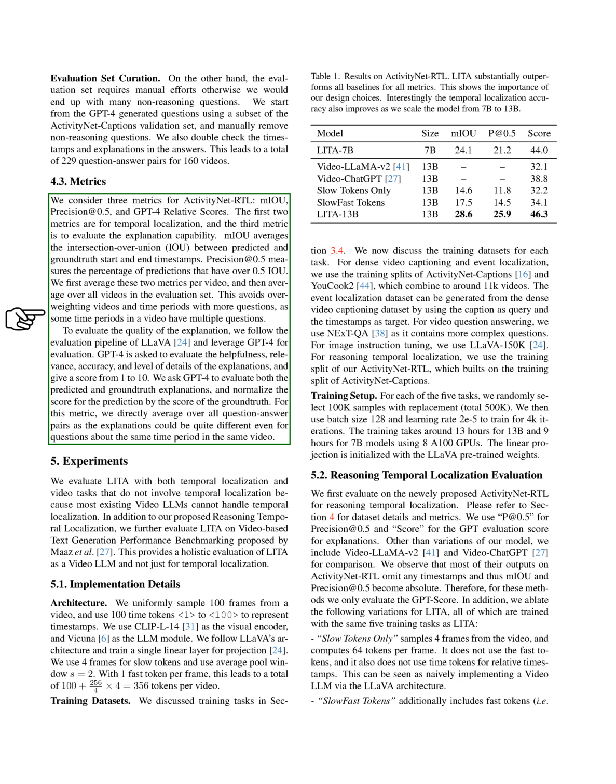To evaluate the explanations, we leverage GPT-4 to assess their helpfulness, relevance, accuracy, and level of detail, assigning a score from 1 to 10. The scores for predicted explanations are normalized against the ground truth scores.